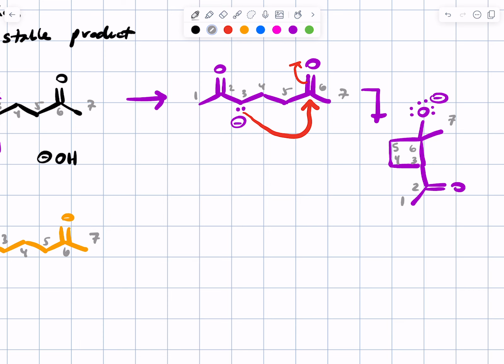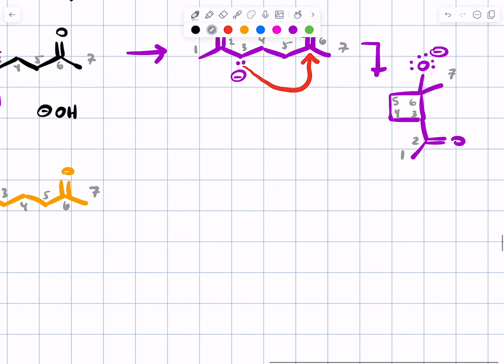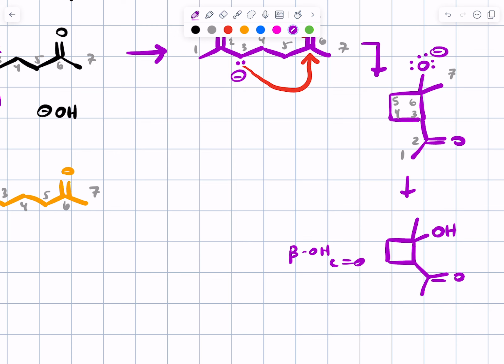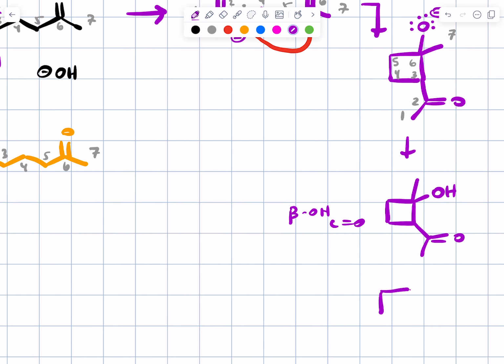That makes sense? Okay. And then if we proceed through the aldol reaction, we could draw as products either this beta hydroxy carbonyl compound or the corresponding alpha beta unsaturated carbonyl compound.